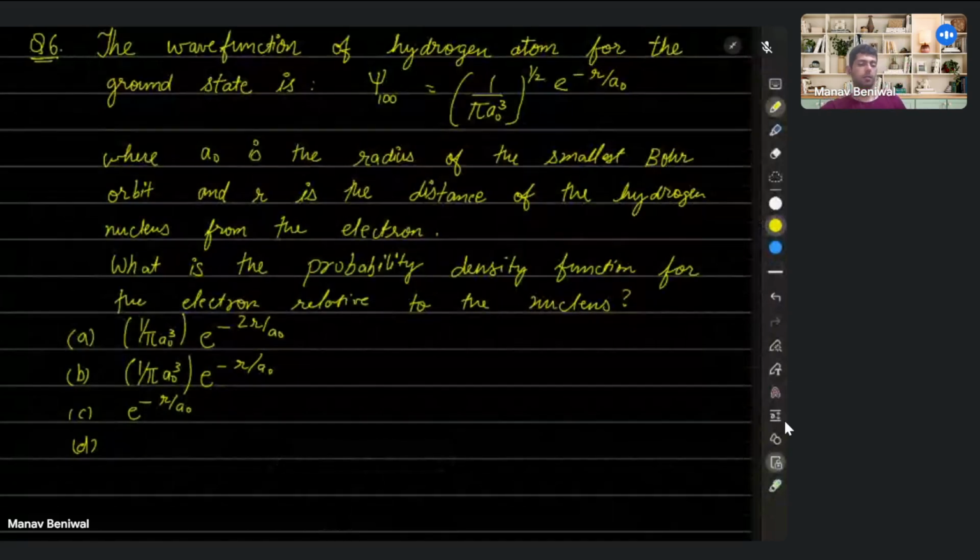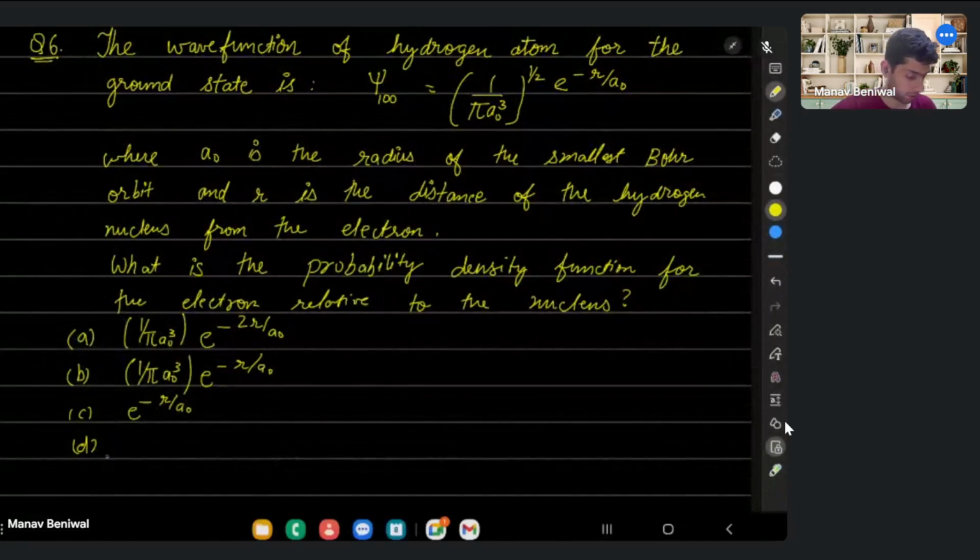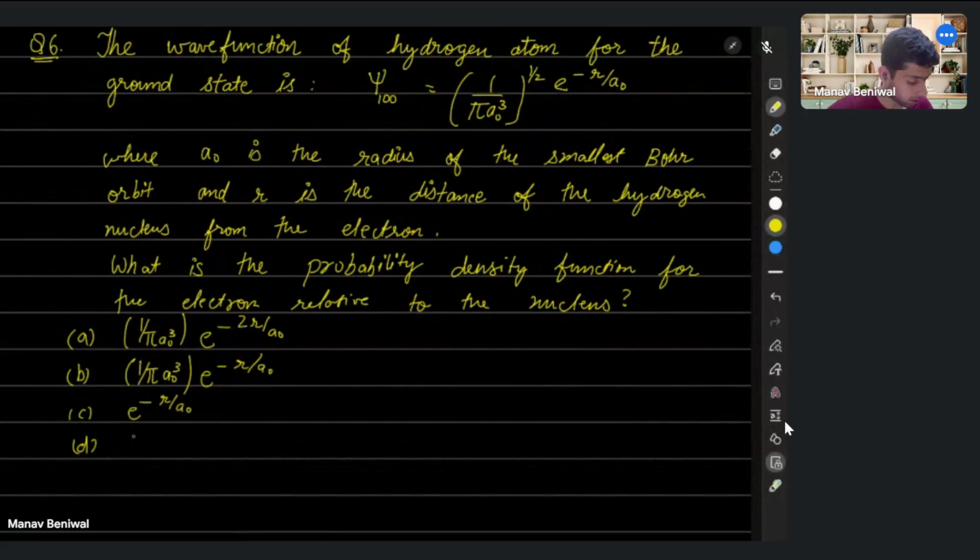Yeah, so we are back. Okay, so let me also now write down the last part, which is 1 over pi a naught cube, square root, e to the minus r by a naught. Let us first try to understand the problem. It is a very simple problem.